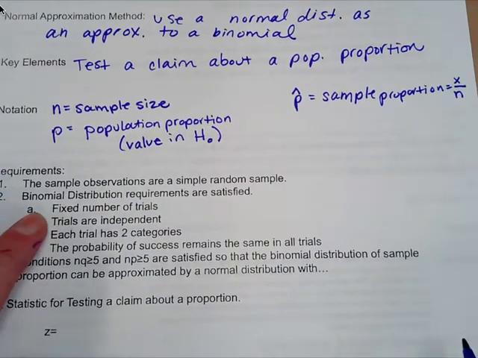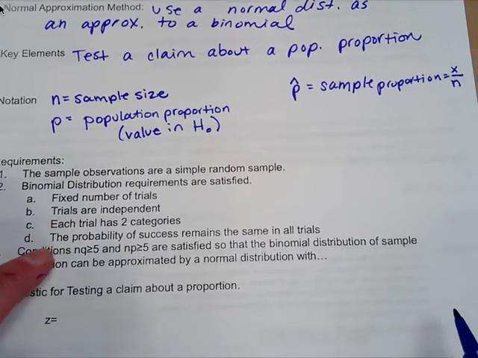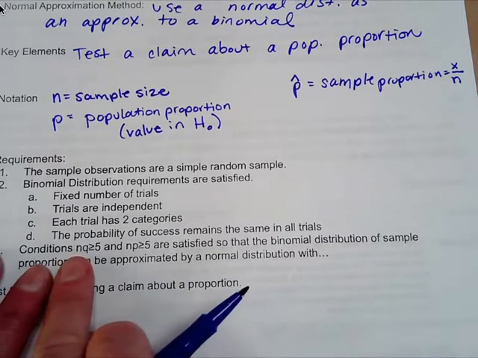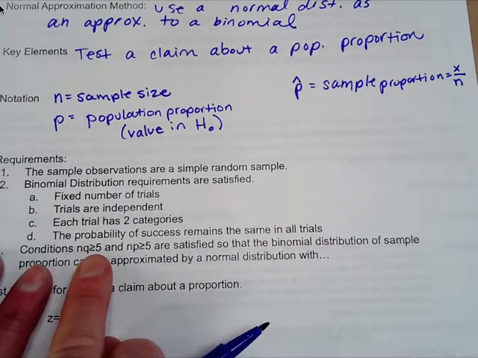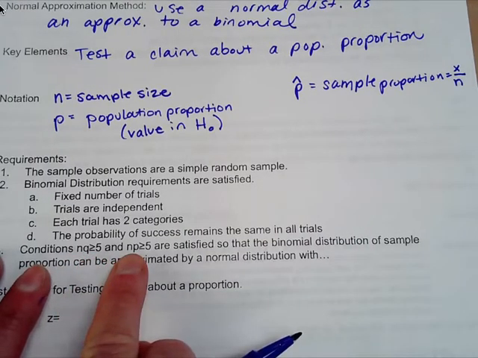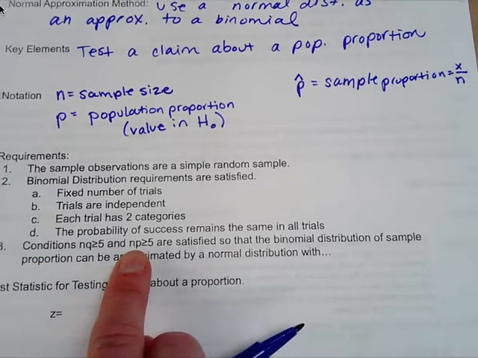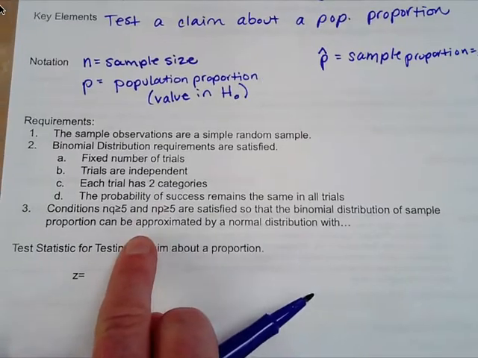Fixed number of trials. Trials are all independent. You have success and failure, and the probability of success remains the same in all trials. Conditions: N times Q being greater than 5 and N times P being greater than 5. We've seen these before when we first introduced binomial distributions. So these are the conditions that you have to have.